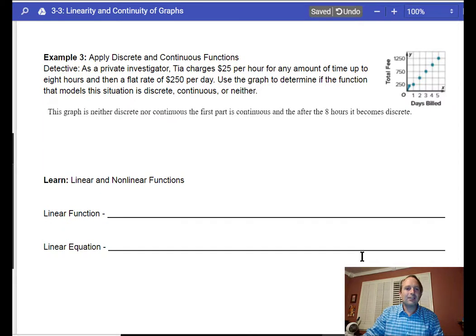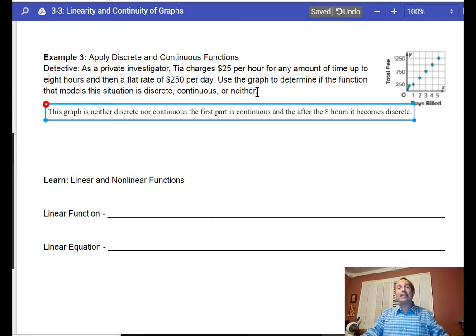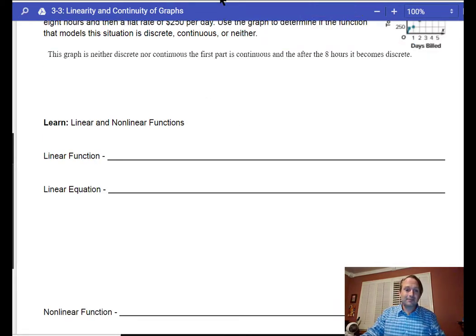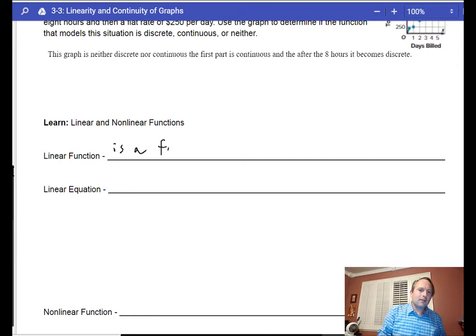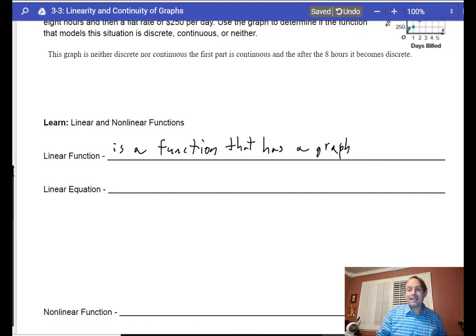So, linear functions and linear equations. All right, so a linear function is a function that has a graph that is a line.